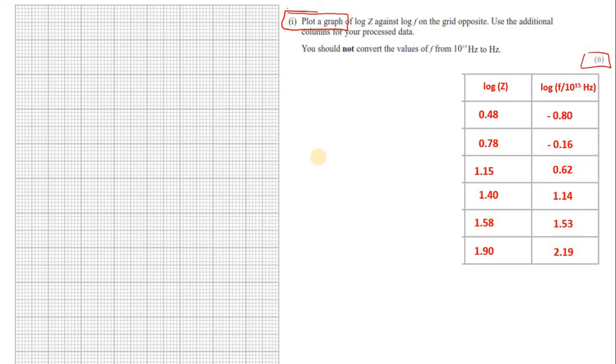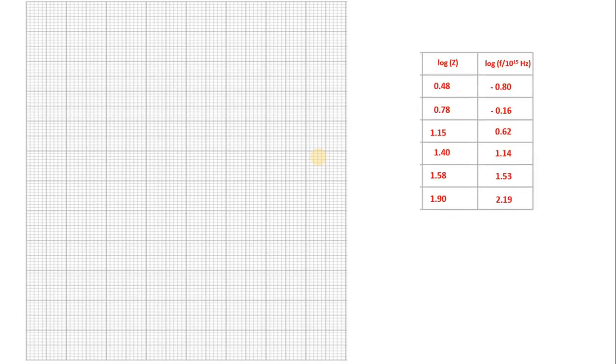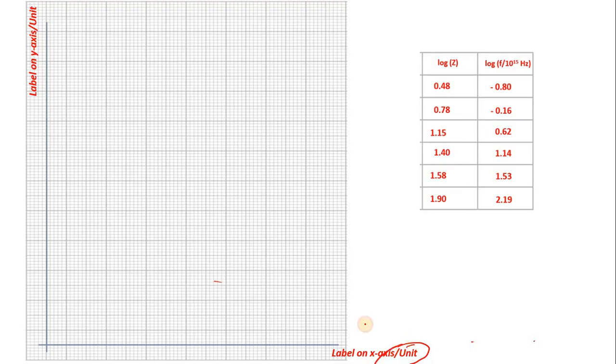So the very first step, let's discuss the graph. Whenever you are given a table like this, you label the axes, and when labeling the axes properly, don't forget the unit.